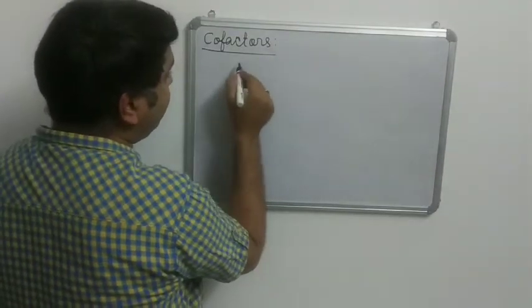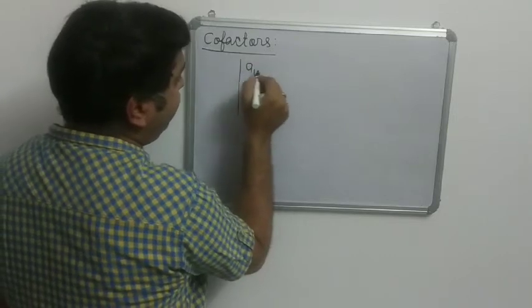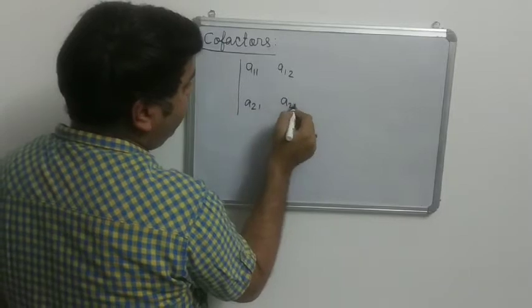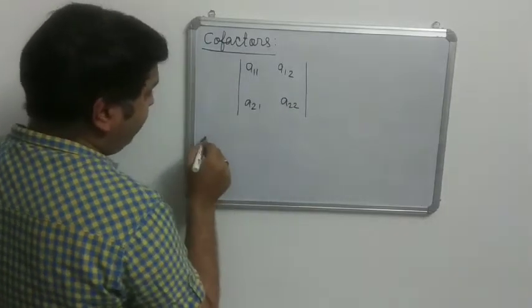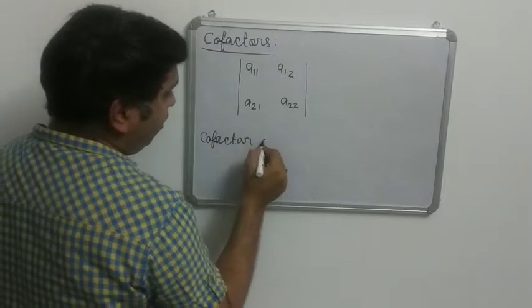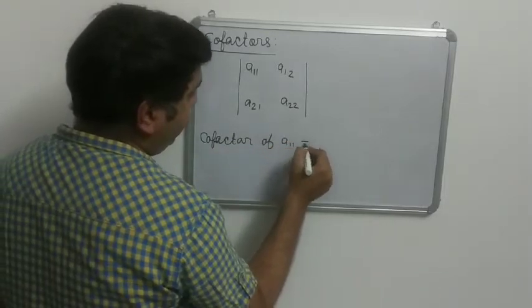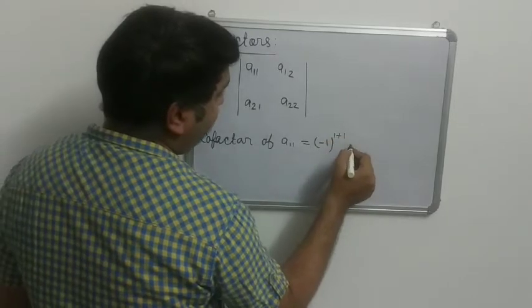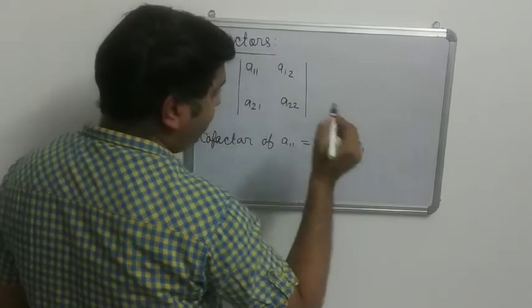Let us suppose हमारे पास ये determinant है A11, A12, A21, A22. Now what will be the cofactor of A11? It will be minus 1 to the power 1 plus 1 into minor of 11.